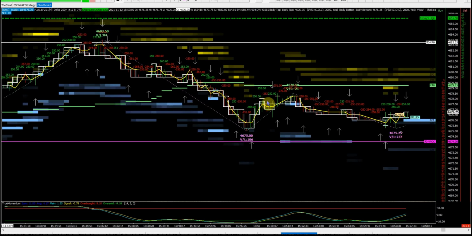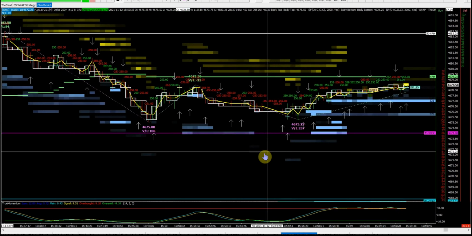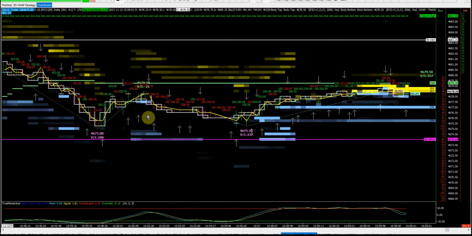Well, VPOC and buying exhaustion right there. And then you start seeing all these deltas. Oh my God, look at those huge numbers of deltas. Well, the problem is it didn't go anywhere. So when you start seeing this stuff and you don't see price start selling off big time, that's a caution. It's a big caution.